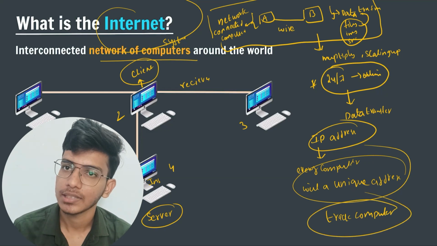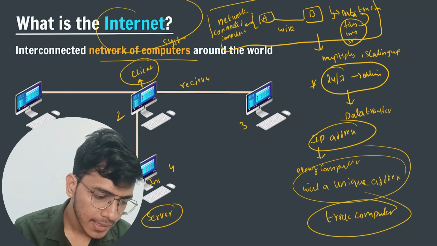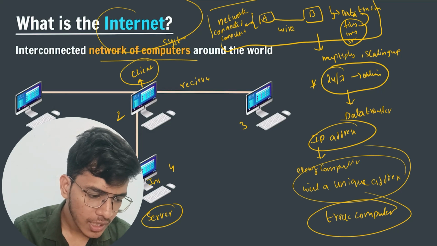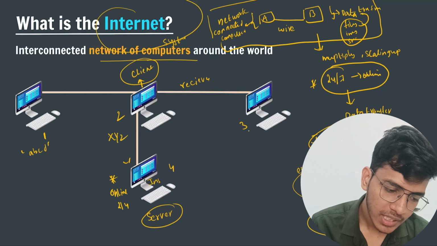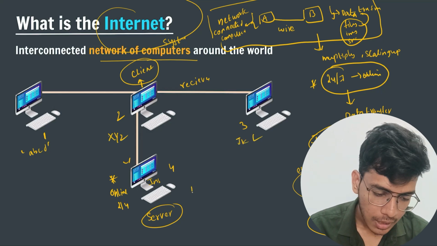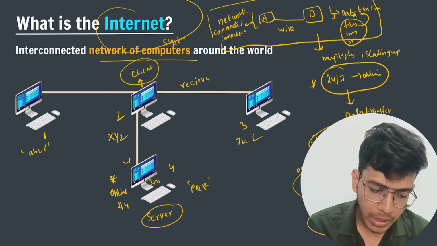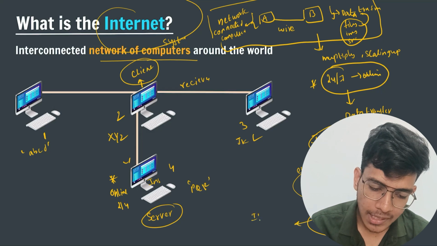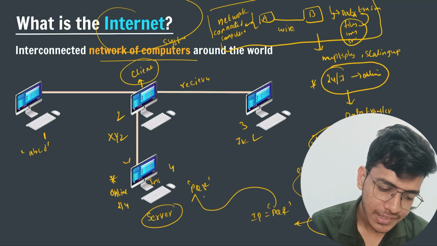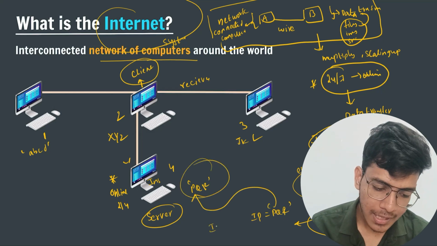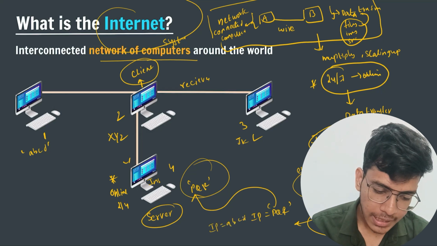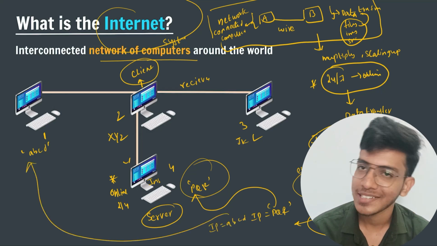For example, let's say the IP address of the first computer is ABCD, the second is XYZ, then JKL and PQR. Whenever I type the IP address PQR, I will go to the fourth computer. Whenever I give the IP address ABCD, I will go immediately to my first computer.